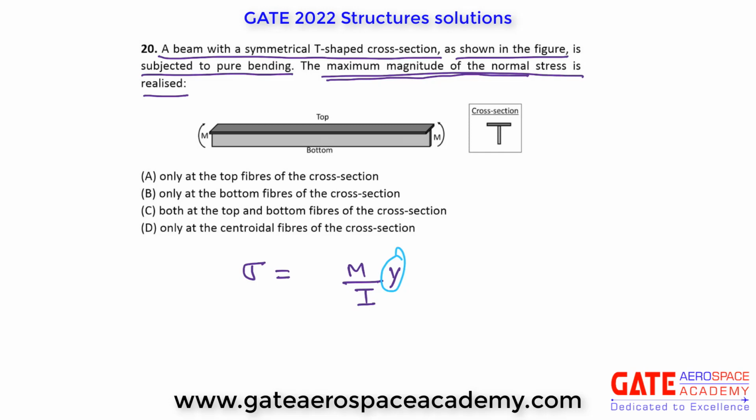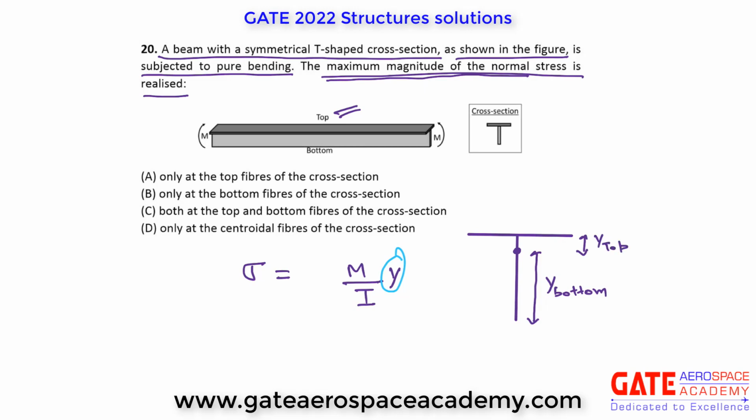So for T section, its centroid will lie closer to the top fiber, let's say here, right? Closer to this top fiber. So this distance, that is this y bottom, will be more than this distance from the centroid, y top.